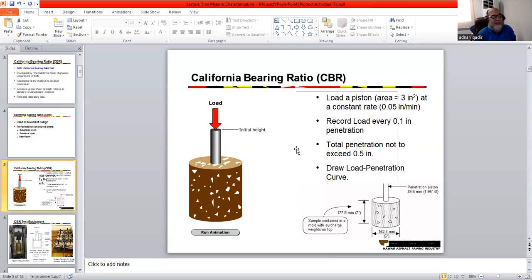So before the soil sample is brought for the CBR test, it should have gone through the modified Proctor test, in which we determine the maximum dry density at a given moisture content. So once you know the moisture content, you add that moisture content to the given sample while preparing the sample for the soil CBR.